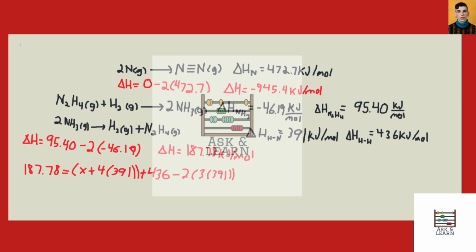If we put that into our calculators, we're going to get 187.78 is equal to X minus 346. So now we're going to add that together.